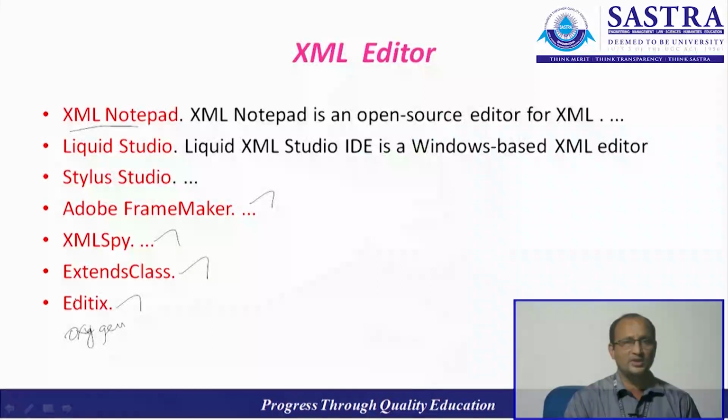In this session, we will discuss XML editors. An XML document can be created by using normal text editors like Notepad, WordPad, MS Word. The file should be saved with .xml extension.